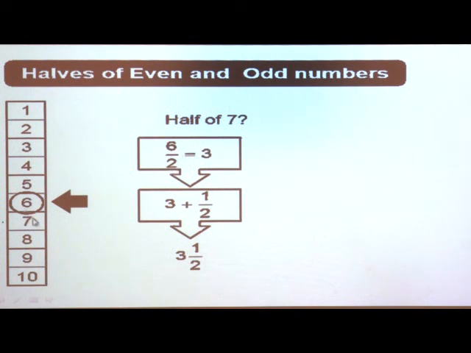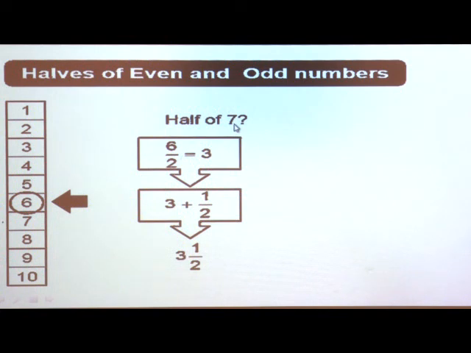What is the even number before the 7? The even number before the 7 is 6. We have to divide it by 2. It is possible, so you can divide it practically and we find it as 3. Because half of 7 is not possible, we will not get it in fraction form.